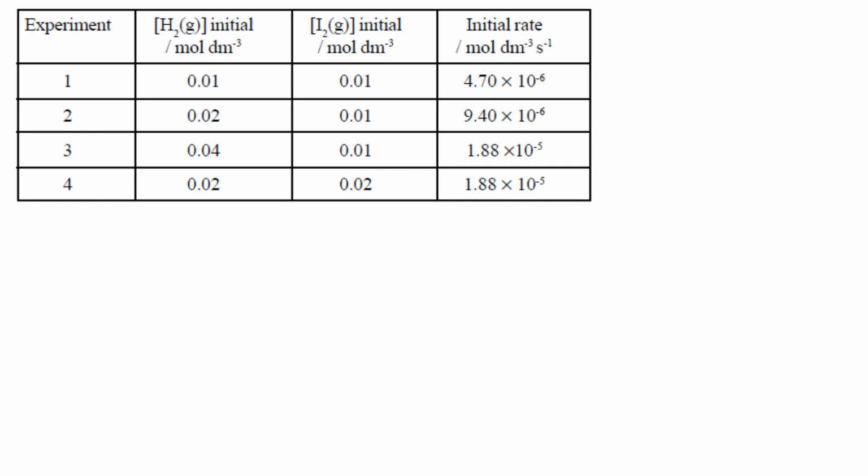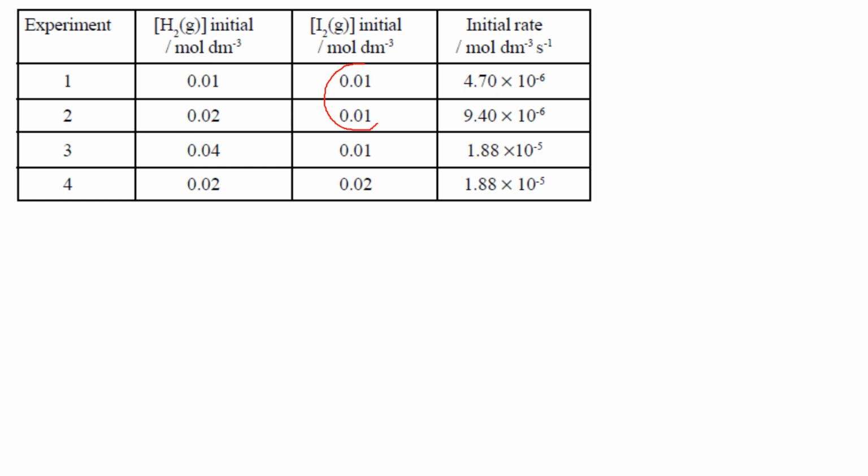Here you've got the reaction between hydrogen and iodine, and you need to work out the rate equation and therefore the value for K, and therefore the units as well. So we're going to use the same logic. We've got 4 experiments and lots of different data. So let's just look at experiments 1 and 2 to start off with.